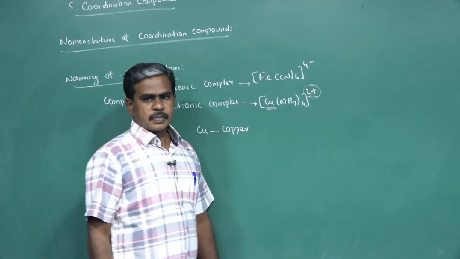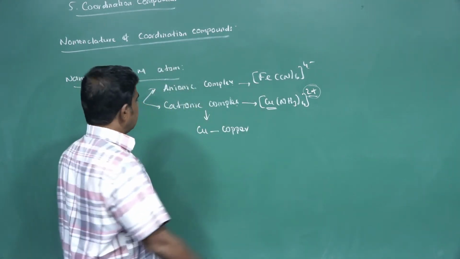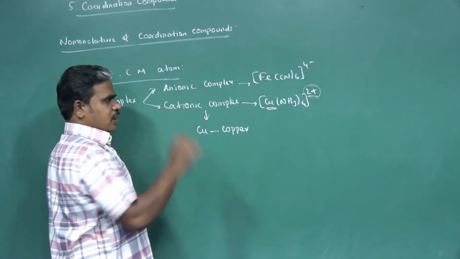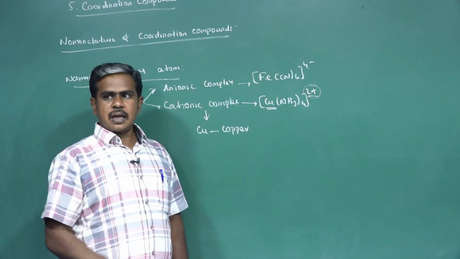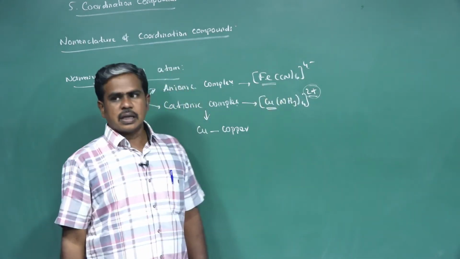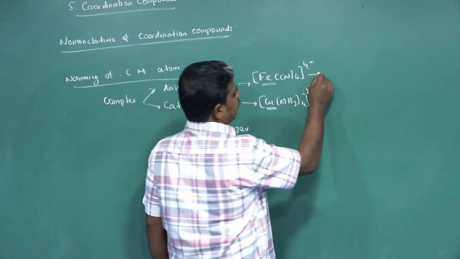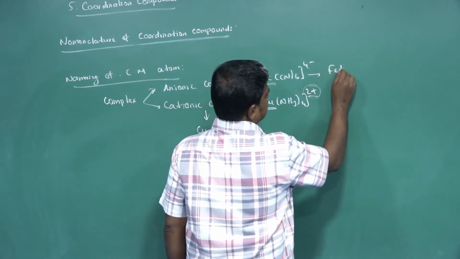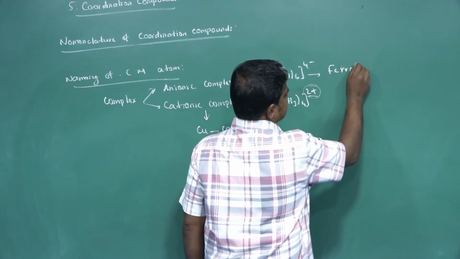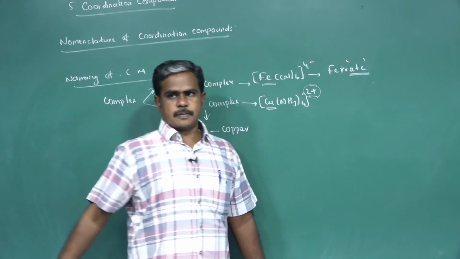If it is a cationic complex, it is copper alone. In the anionic complex, the central metal atom Fe is not called iron; here we take ferrate. What is that? Ferrate. So we end with -ate.